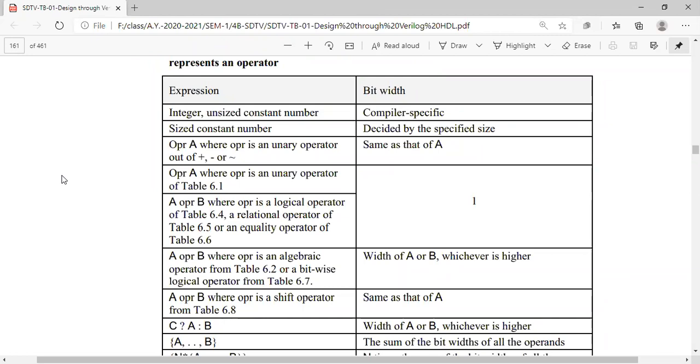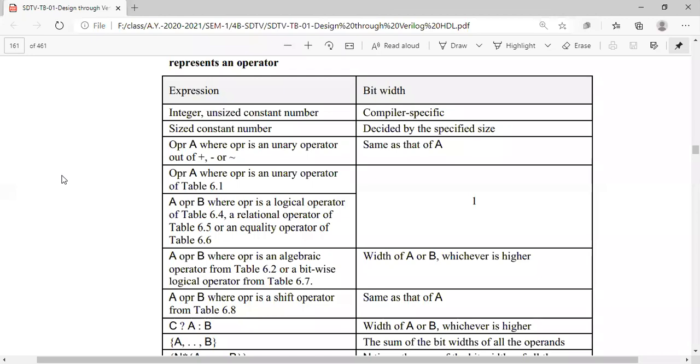When I say integer A or unsigned constant number A, how many bits it takes depends upon the compiler. If I don't mention whether it is 4 bit, 5 bit or 6 bit, that means it is compiler specific.